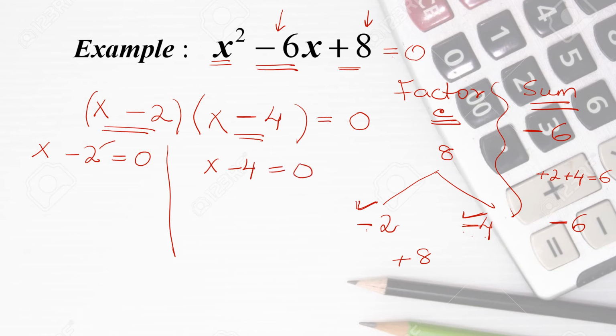For that purpose, you have to bring the 2 to the other side. When negative 2 goes to the other side, it becomes plus 2. When negative 4 is kept on the other side, it becomes 4. So your two values, or two answers, or two x-intercepts, or two roots, are 2 and 4.